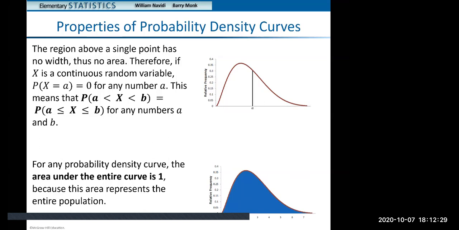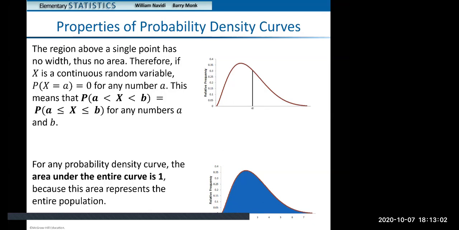If you only have an A, that is just a line, a single point, so it has no width, meaning there is no area. That's why it's going to be equal to 0. But if it's between A and B, then you will be able to compute the area of that. For the entire curve, the total area is 100%, or equal to 1.